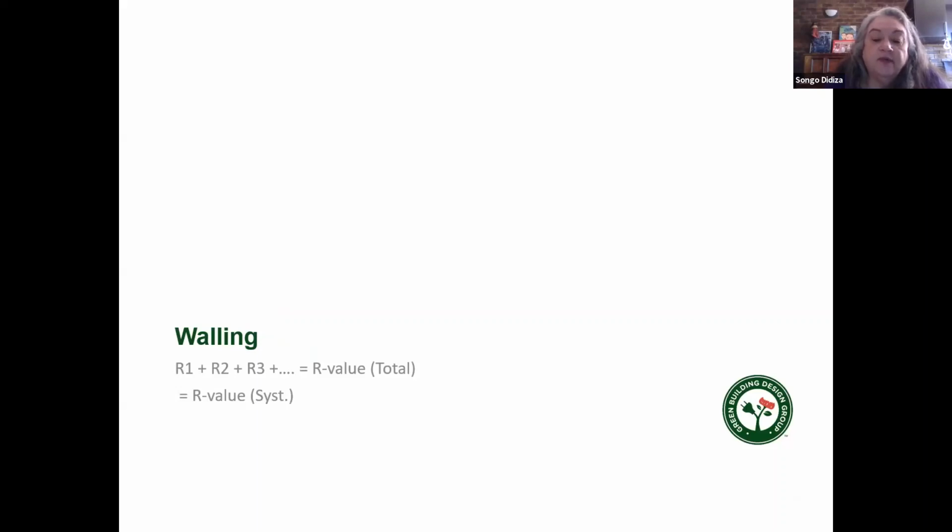So we look at the performance of the whole system. In flooring, you're just looking at the value of the insulation. But when you look at walling and ceilings, you look at the R value of the total system, because again, they're made up of different materials.